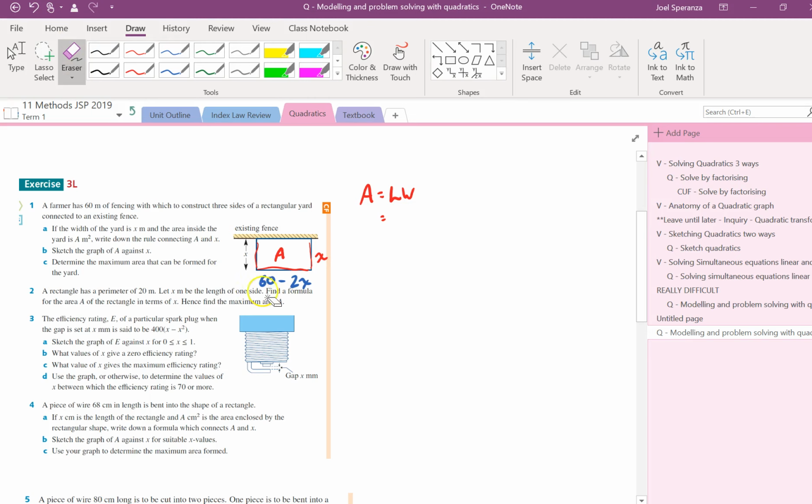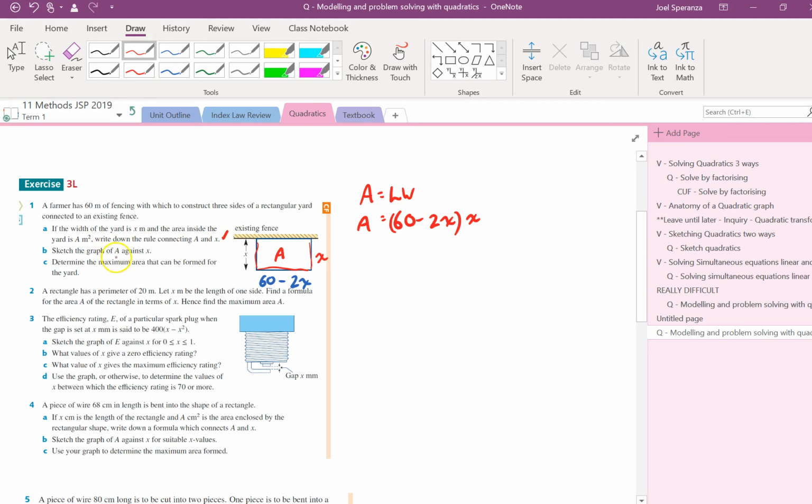So the length of this thing is 60 minus 2x, and we're multiplying it by the width, which is x.